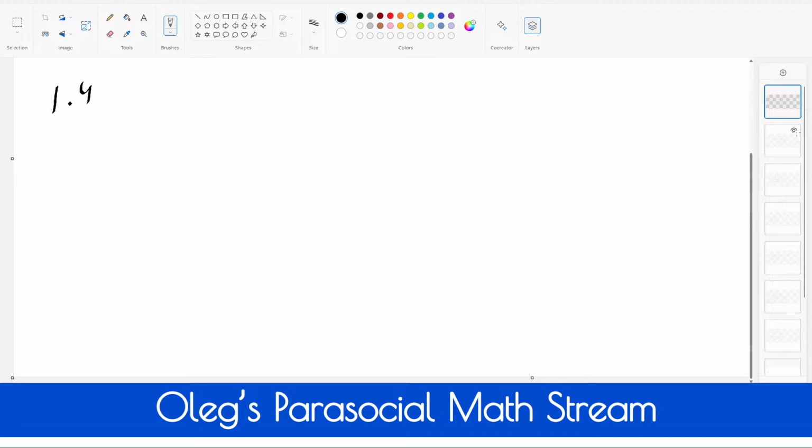Next, number 23: 8n minus 4 times n squared plus 9. Okay, so we're going to multiply it out, spreading this out.